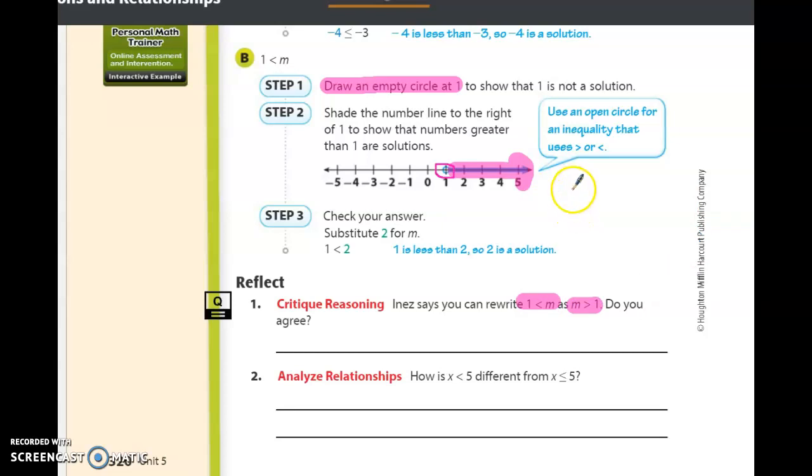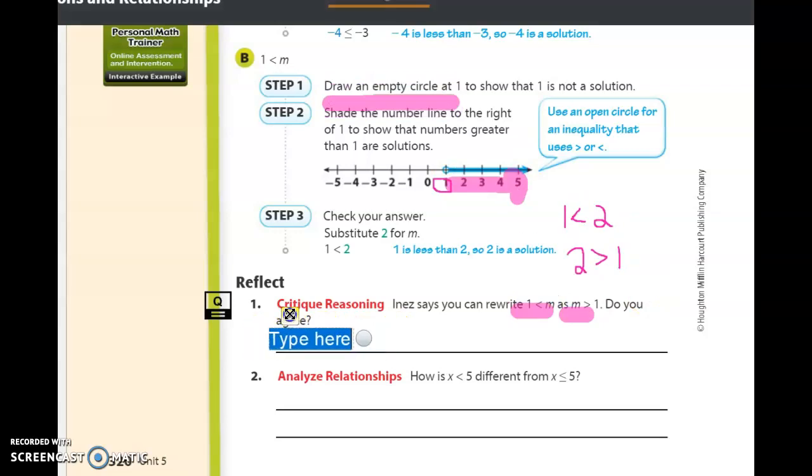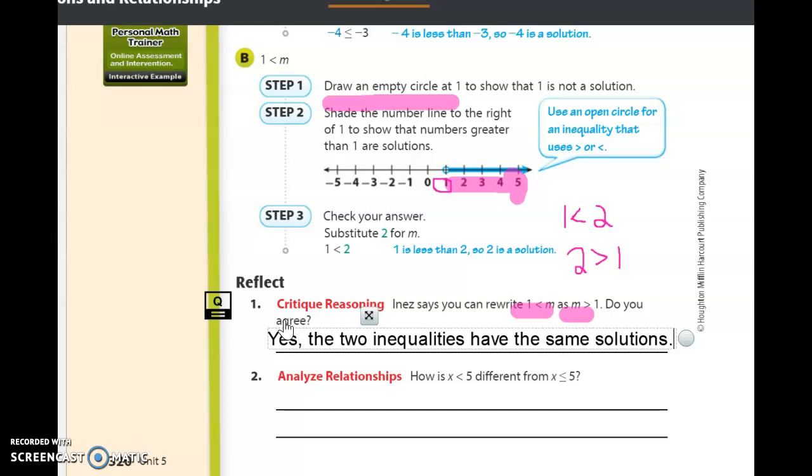Up on B, they said 1 is less than 2. If we switch that around, is 2 greater than 1? Yeah, this is the same thing. So a good answer for this would be yes. The two inequalities have the same solutions. Doesn't matter which order you put them in.